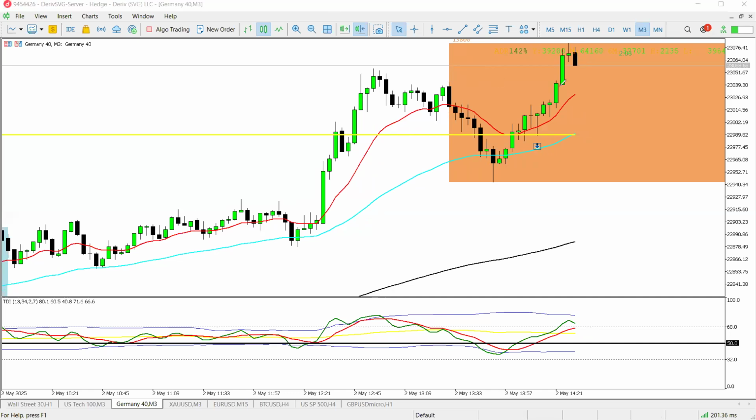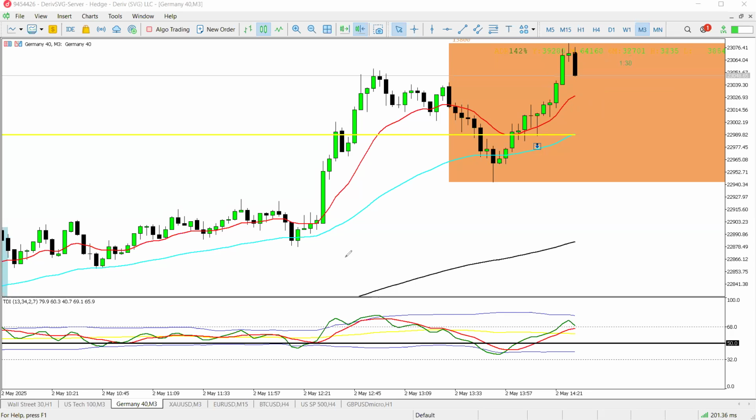Price can still push up. I'm not sure if I'll still enter a buy here, but I think I'll be happy to take what the markets gave me. Because price, again, can still continue pushing up. So let's just see what happens here. Let me just continue sharing.